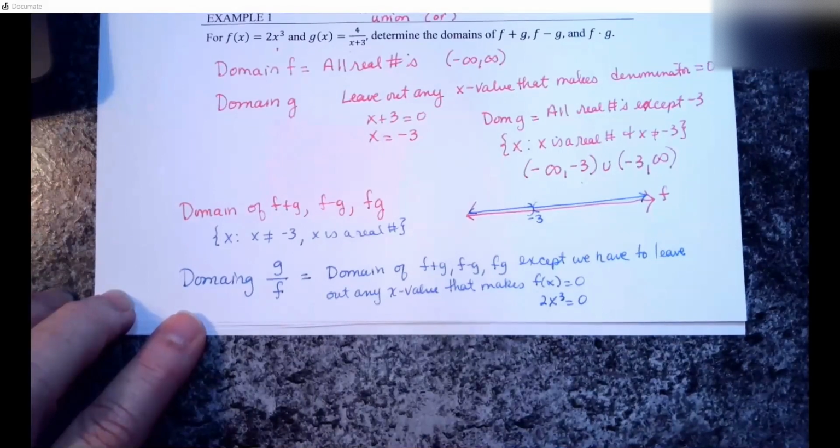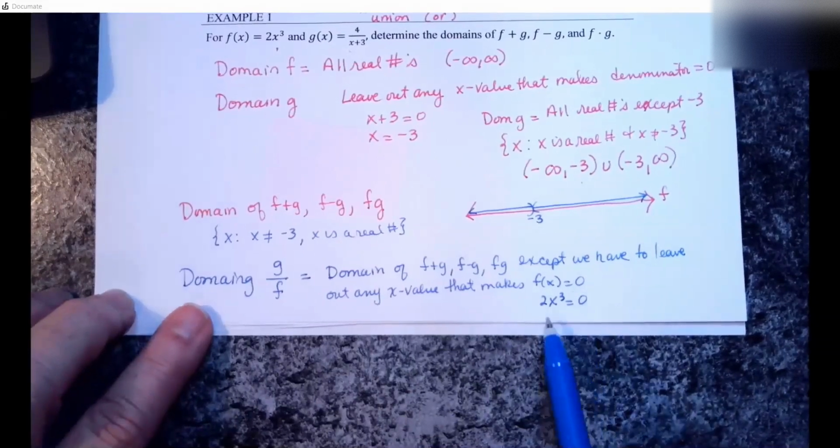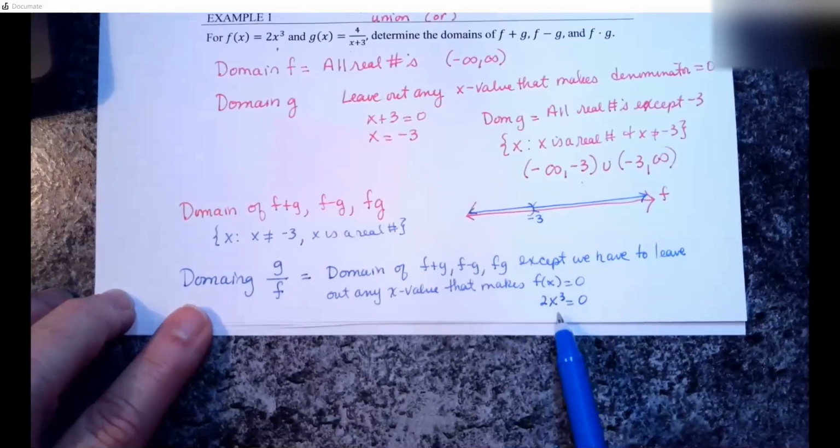I would say 0. Perfect. Is that the only one? Well, yeah, if I plug in 1, I would get 1 times 2. If I plugged in -1, I would get -1 times 2, and so on and so forth. The only number that makes this 0 is 0.